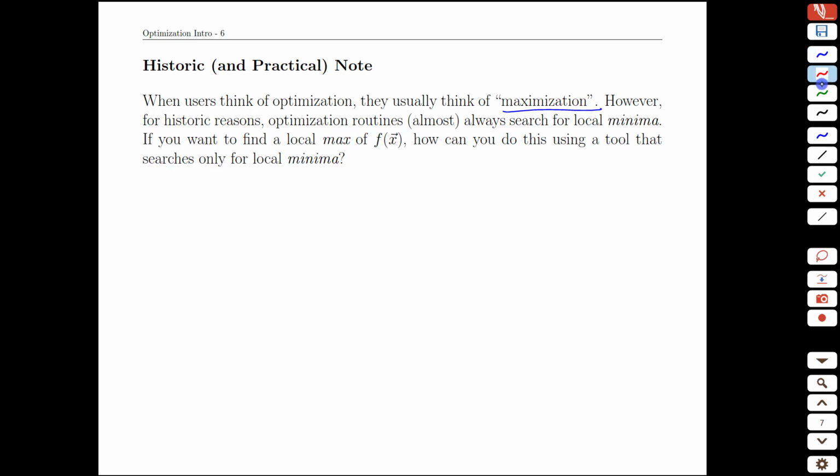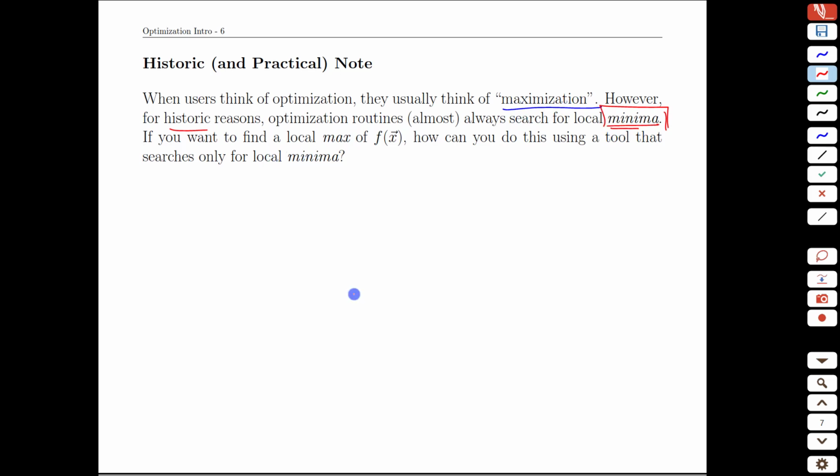However, there are good historic reasons from the physics community, where they were looking for low energy configurations, and that's where a lot of these algorithms came from, where it just became a habit to look for minima in functions. I think if I want to minimize a function, that's great if there's a routine that does that. But what if I do want to maximize? If we want to find a local max of some formula, how does that help me having a minimization tool?